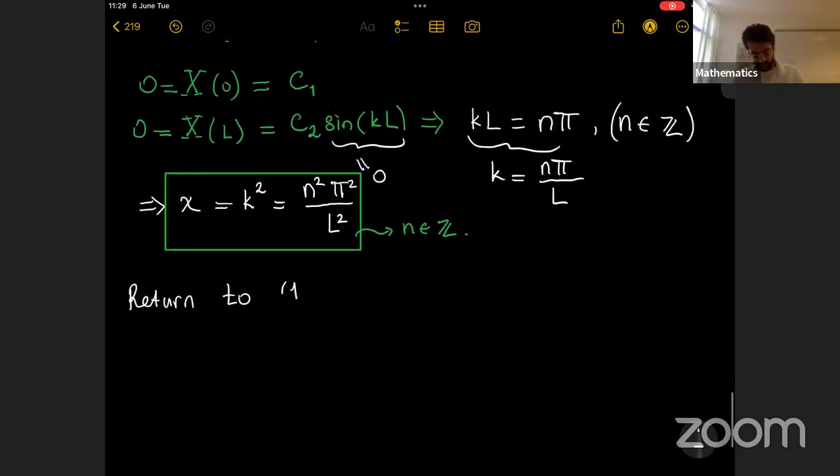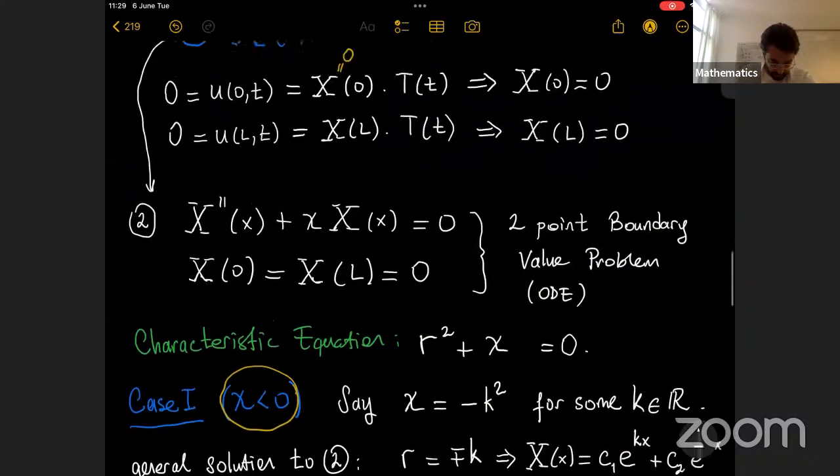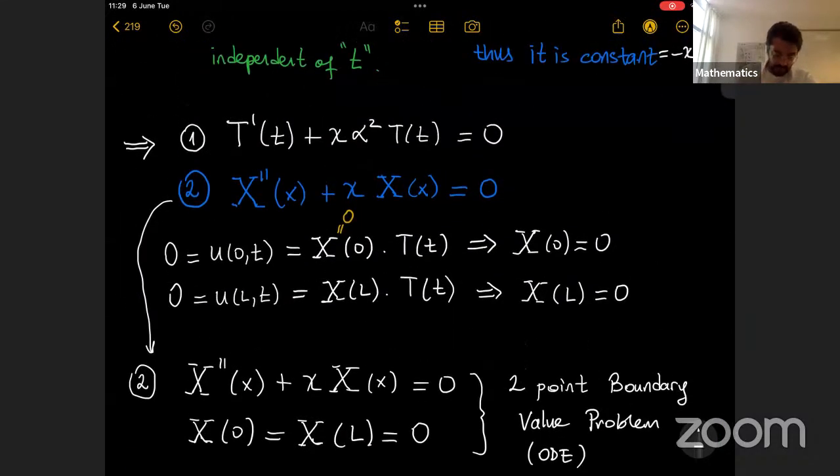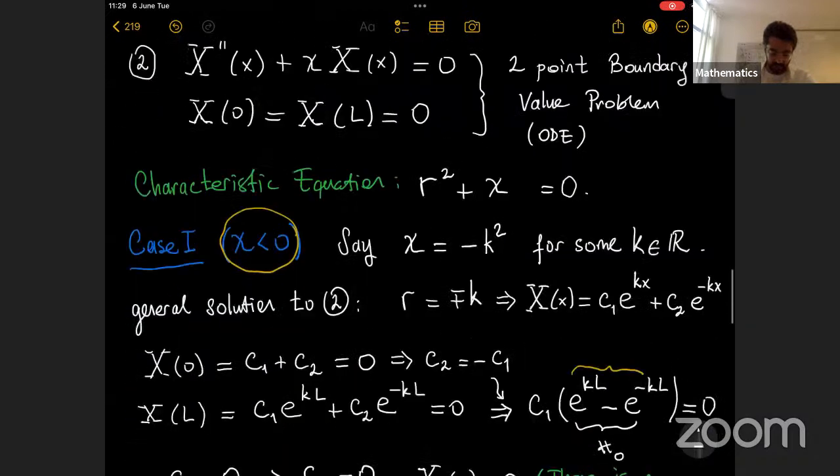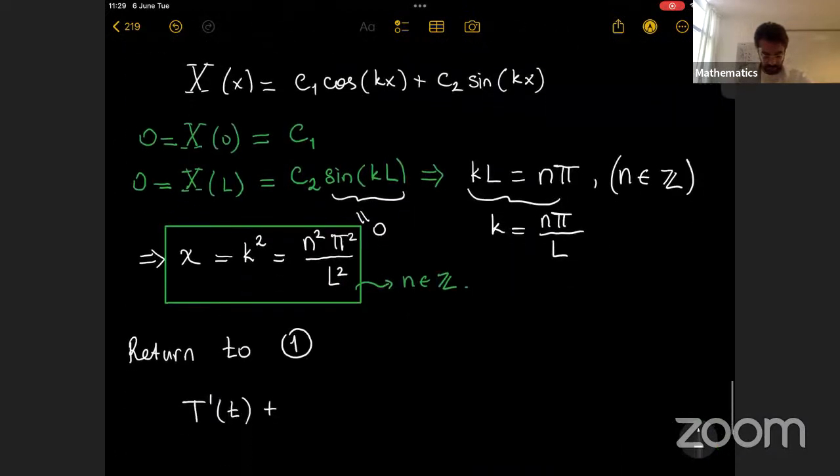Return to number 1. Remember, number 1 was T prime(t) plus lambda T(t), but lambda is now alpha square lambda, right? Let's see what it was. Lambda times alpha square becomes n square pi square.